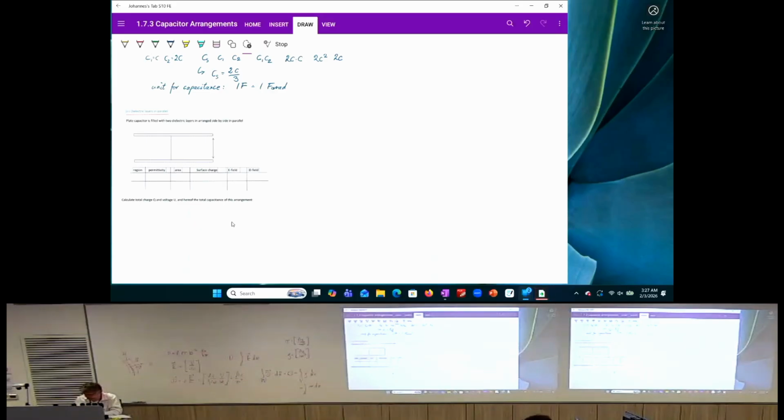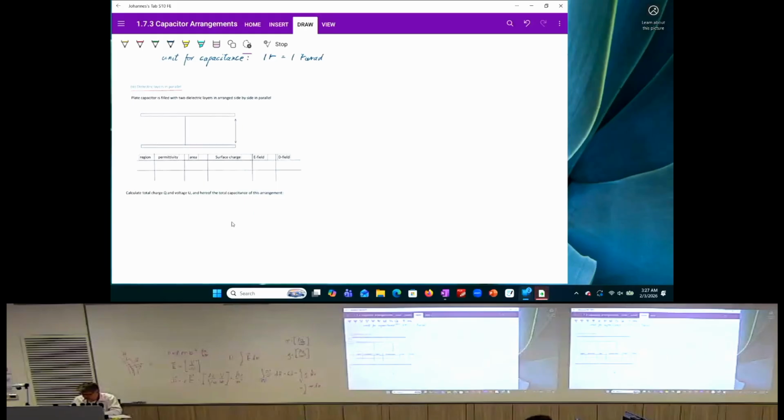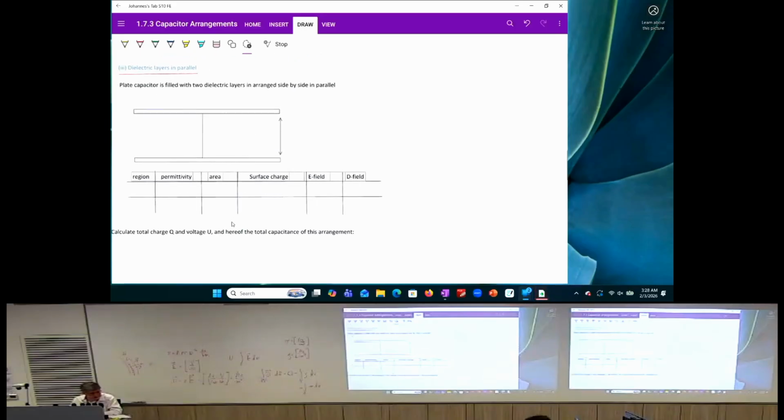For that purpose, think of a parallel plate capacitor, which is filled with two different layers of dielectric material, and they are arranged in such a fashion that they are side by side. So basically, you see here a top and a bottom plate, and in the one region, we have one material, that shall be here the left-hand side, and then on the right-hand side, we shall have a different dielectric.